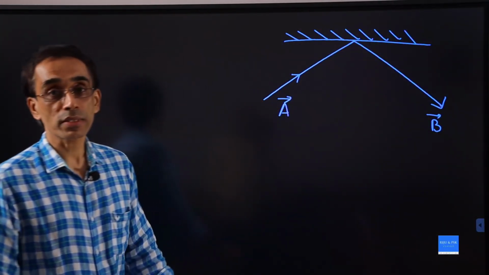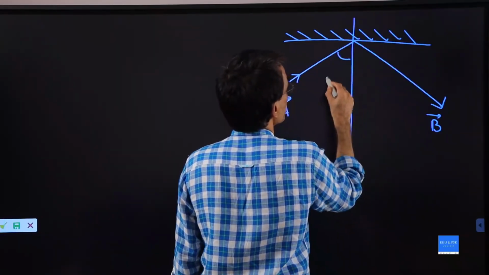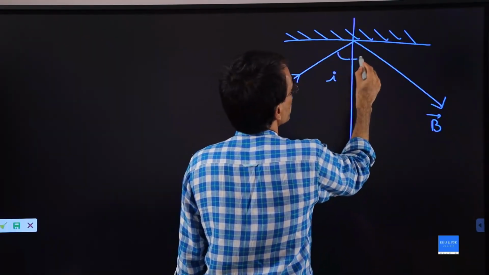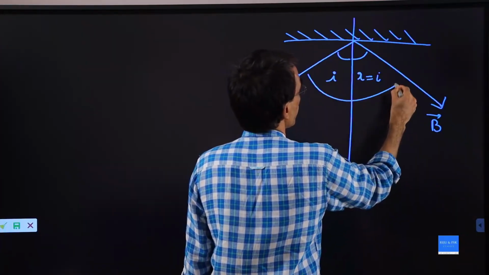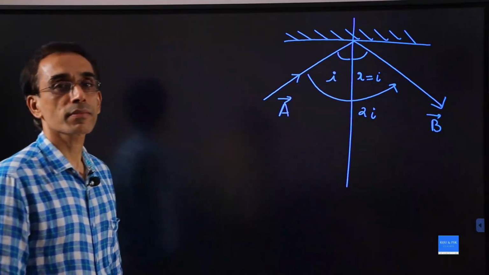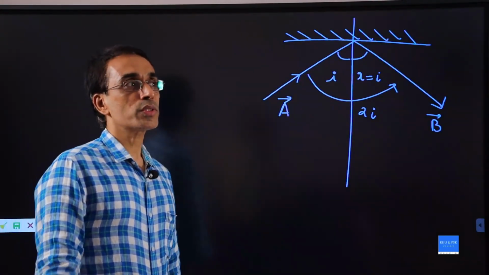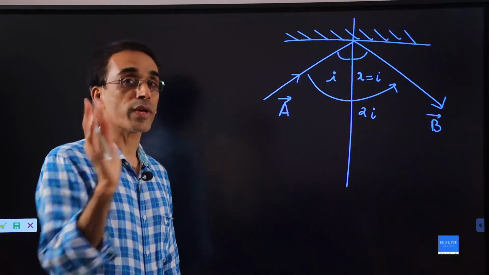Where is the angle of incidence? That's what they want. Okay, we know this is the normal, this angle is called the angle of incidence, and this is the angle of reflection, that is also equal to y. So the total angle here is equal to 2y. I know you studied the concept of direction, angle between two vectors.